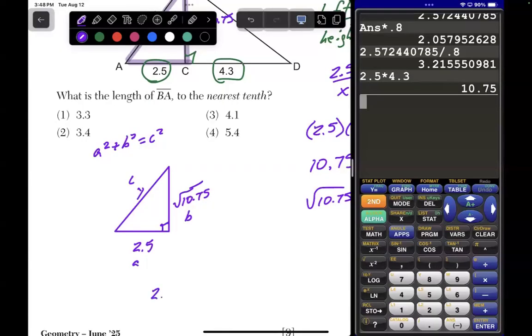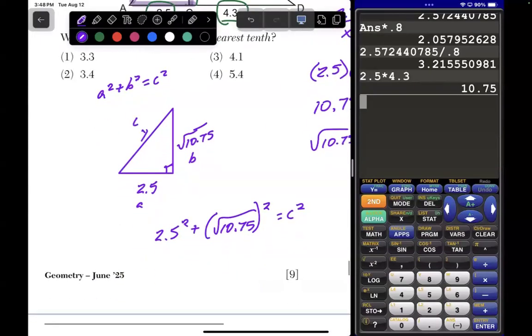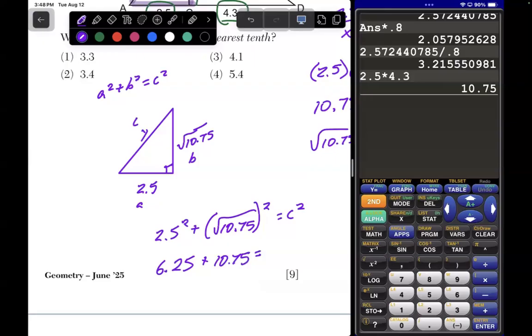So it's 2.5 squared plus radical 10.75 squared equals c squared. Well, 2.5 squared is 6.25, and radical 10.75 squared is just 10.75. You can plug it in your calculator, and that all equals c squared.